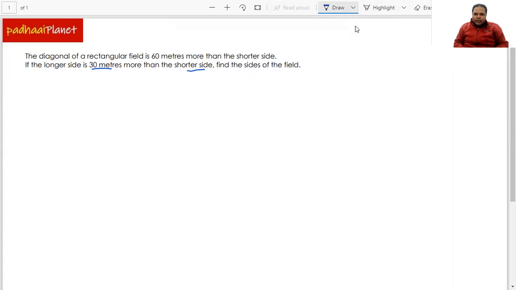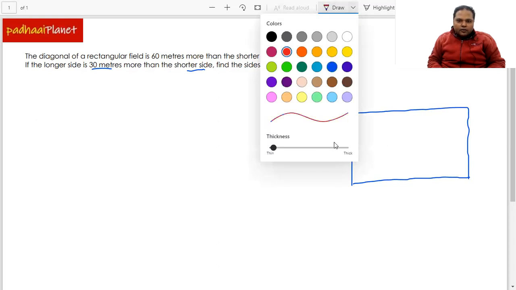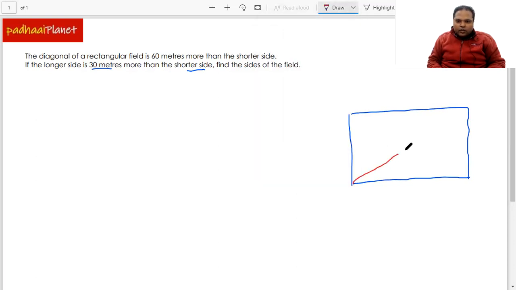Now, it is very clear that this field being talked about in this question is a rectangle in form, so it will look something like this. This is the rectangular field which we have. In the question, the diagonal of the field is also mentioned, so that will look something like this.